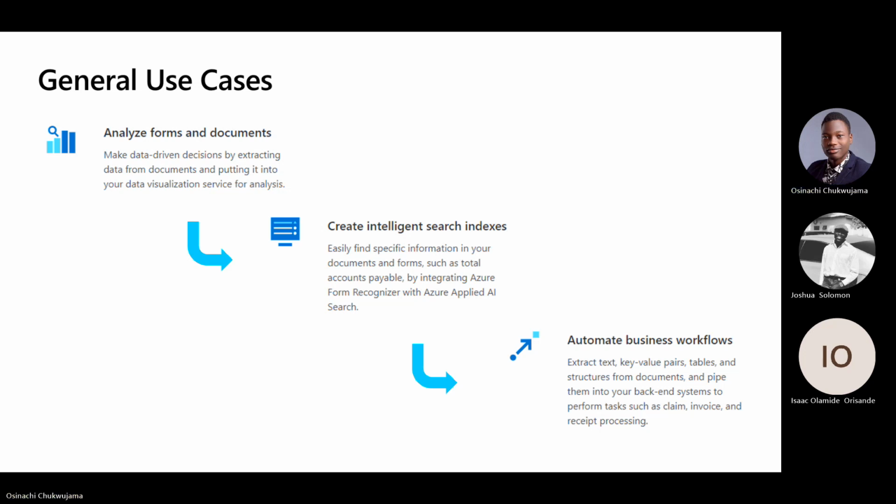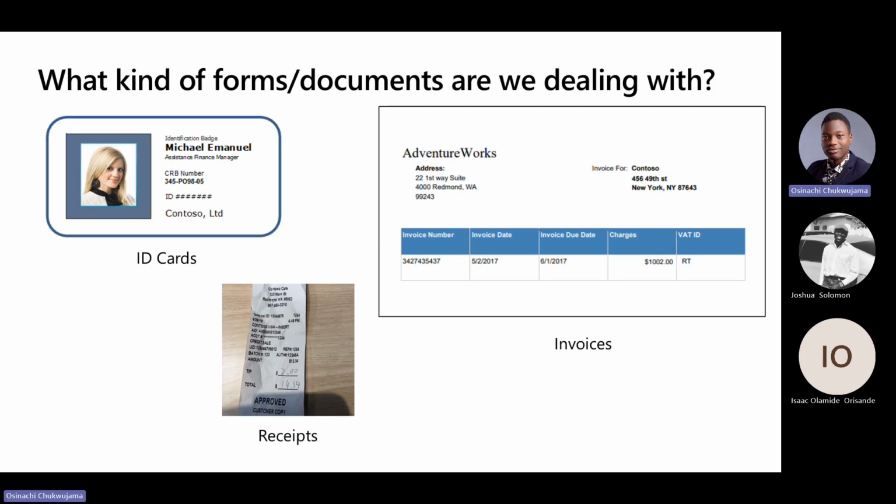So what kind of forms and documents are we dealing with? We're dealing with things like passports, ID cards, receipts, invoices, basically all kinds of documents, both handwritten and digital, right? So we can work with all these kinds of documents and extract data from them.